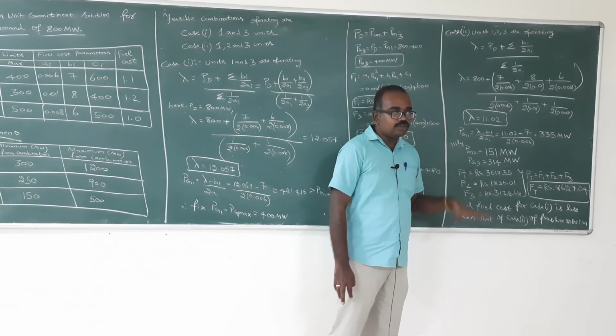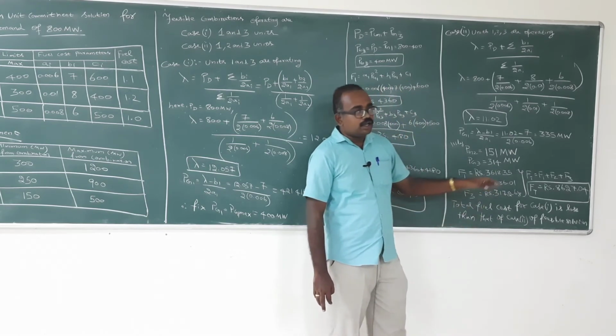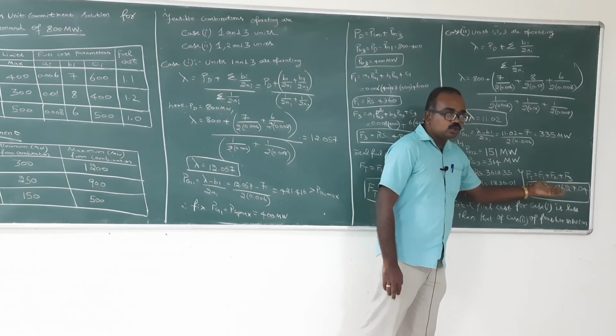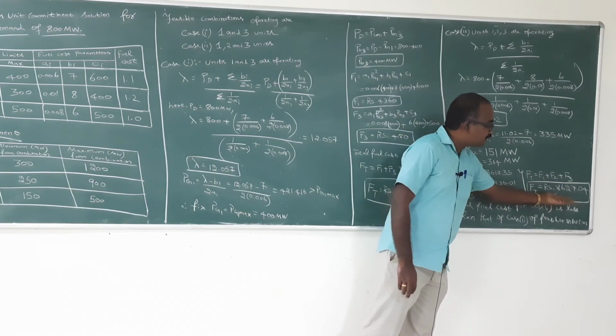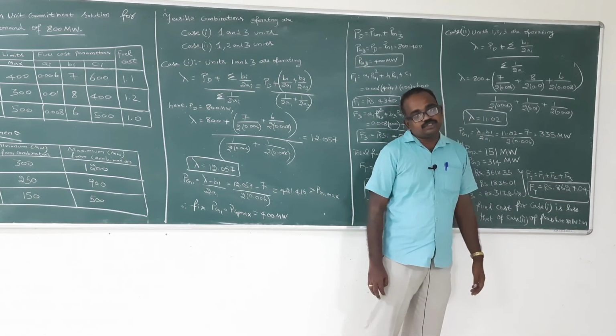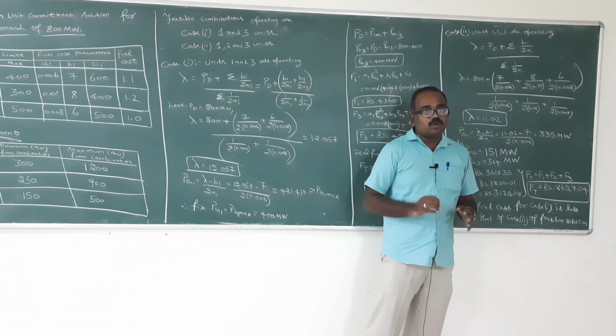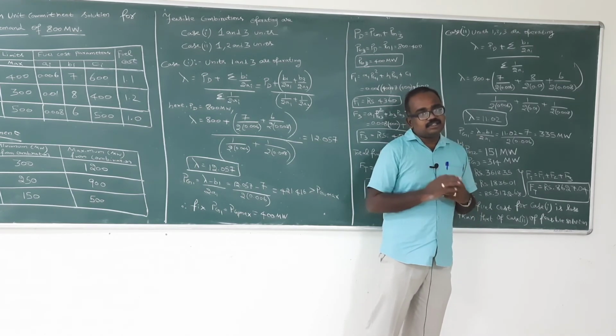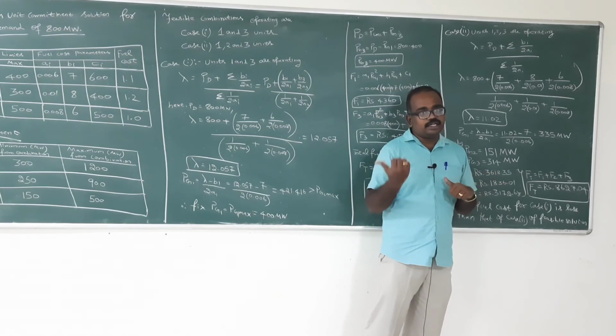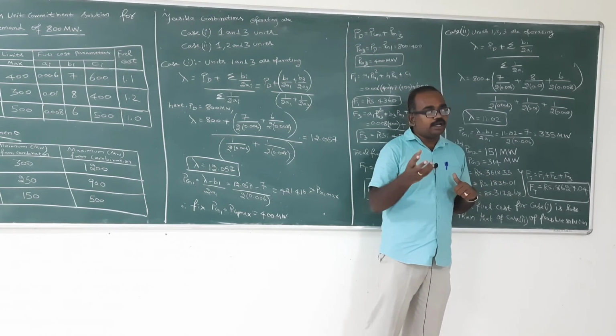So the total fuel cost of units 1, 2 and 3 is 8627.04.